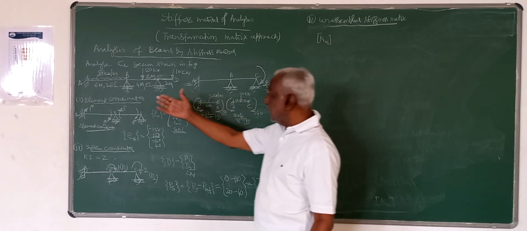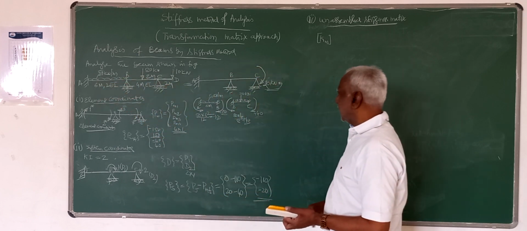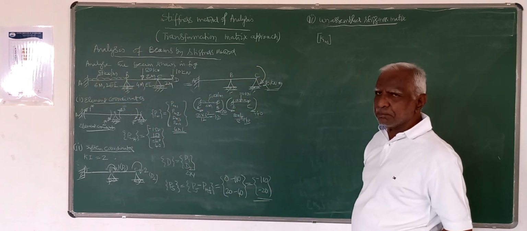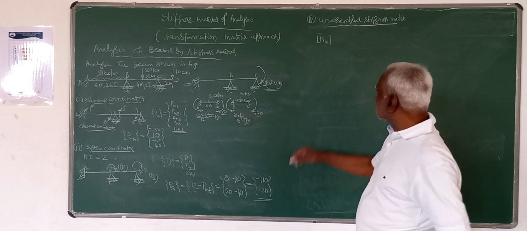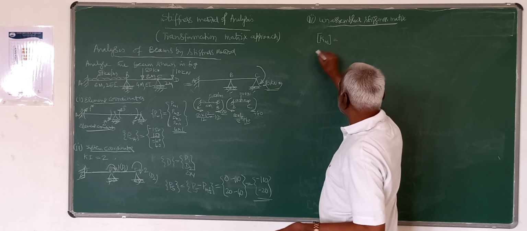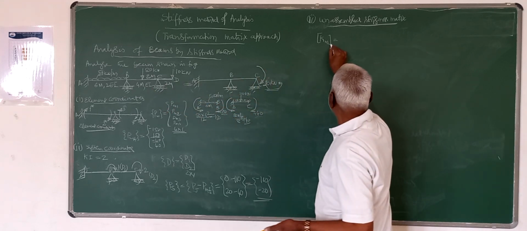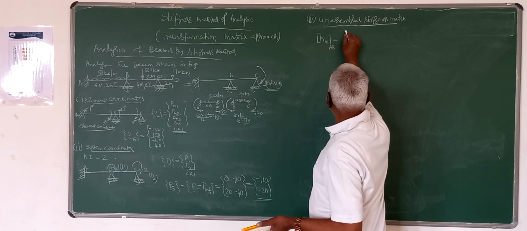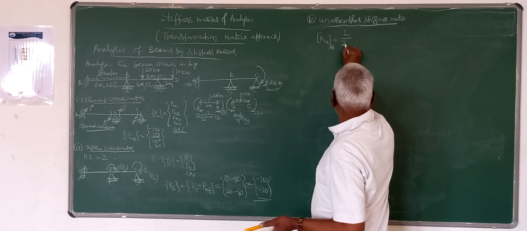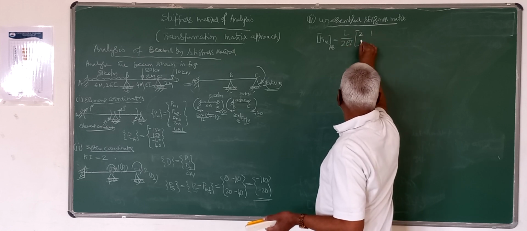Here it is a beam problem. So for each beam element, in the previous step I told the stiffness matrix for a beam member, that is if you take the AB member, the stiffness matrix is given by L by 2EI into 2, 1, 1, 2.